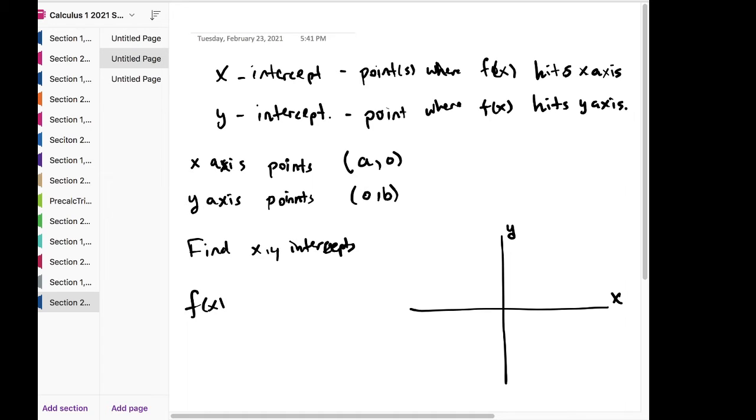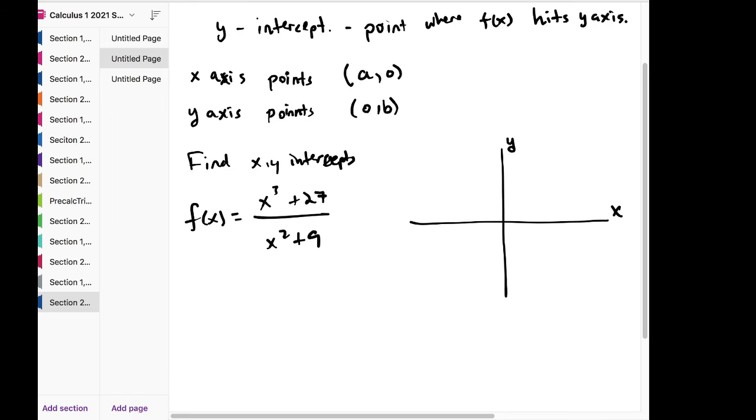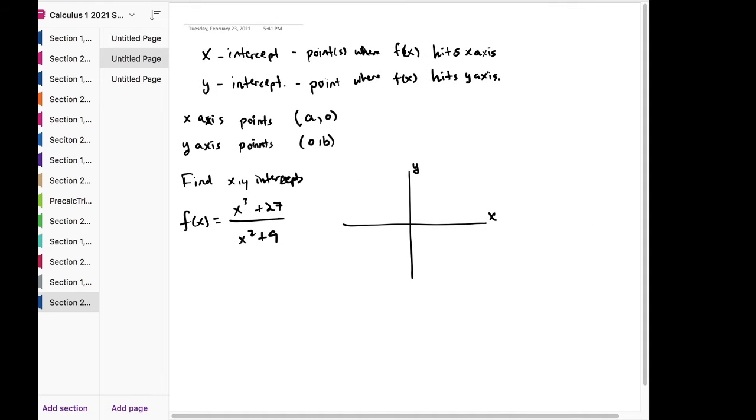So the question here asks to find x and y intercepts. We have x cubed plus 27, so this is the one I have, over x squared plus 9. Okay. So how do you find x-intercepts? It's exactly what you're trying to find: all points that have the form (x, 0).